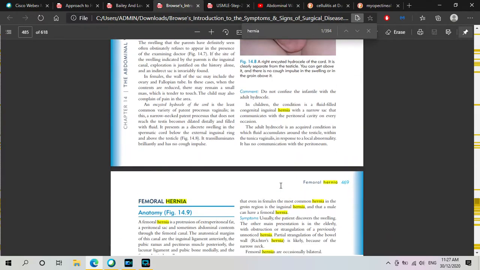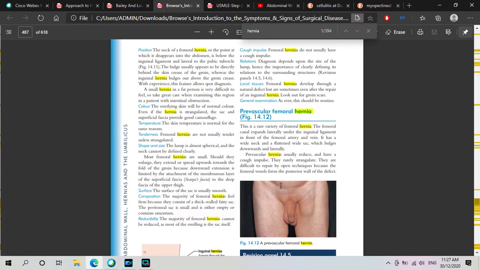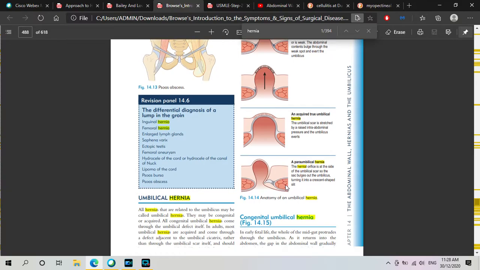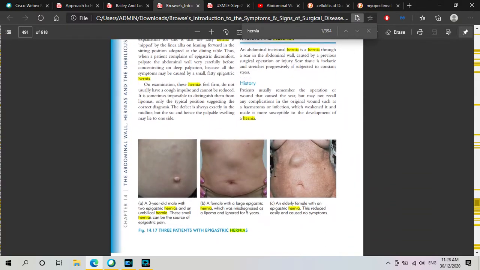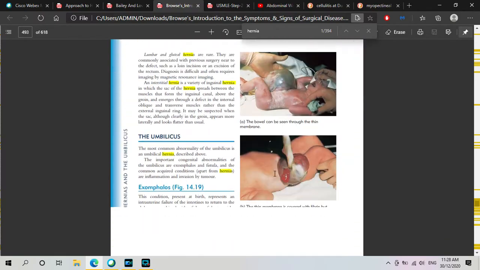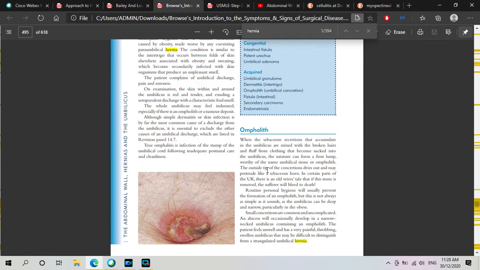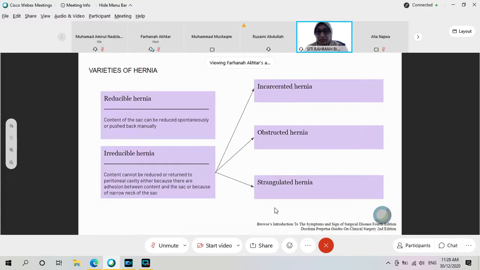Doctor, if I say that in the textbook it said so, that is not a textbook. You know, there are things in that book which are wrong. So it's not a good reference. What does Bailey and Love say?